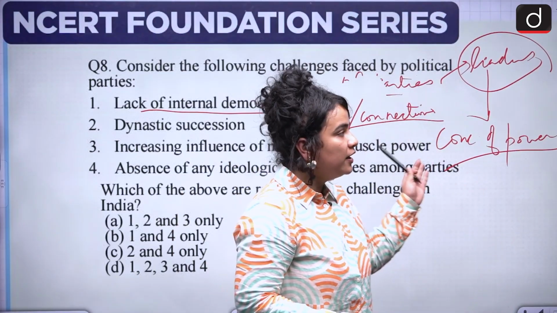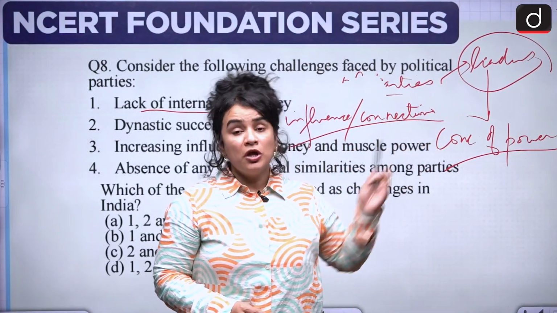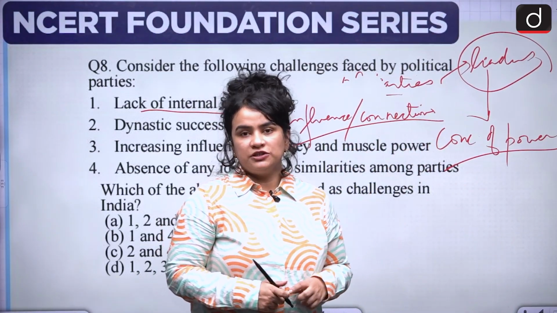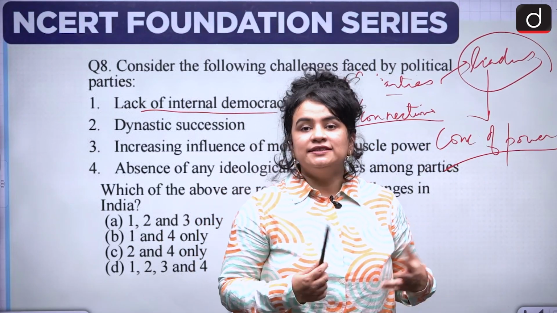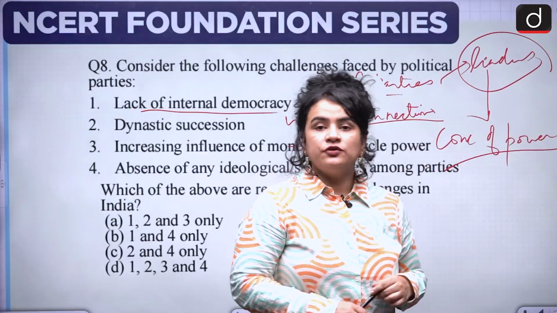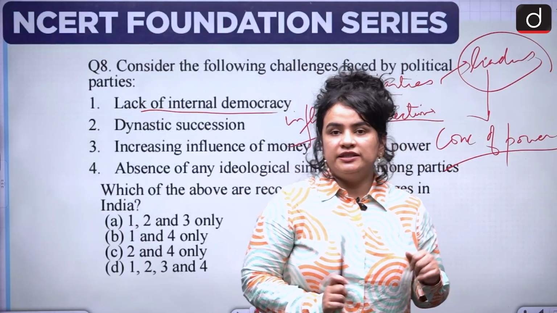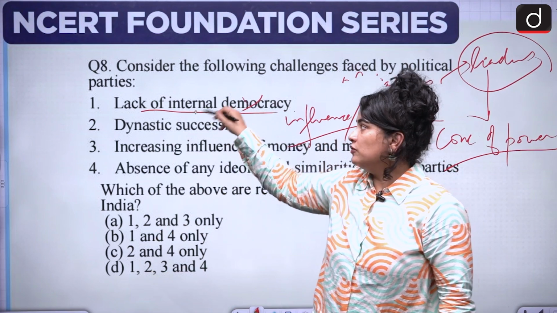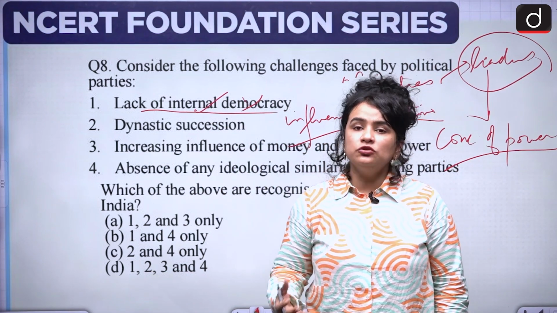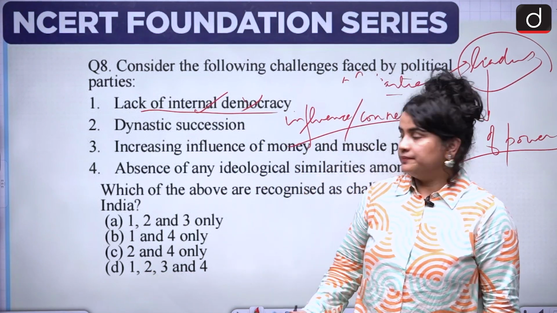They do not have either the connections to reach the top, nor do they have the influence to reach the top. So what happens is that the power, year after year, session after session, keeps getting concentrated with the top leadership. Hence, of course, there is a lack of internal democracy. There is no democracy within a party.